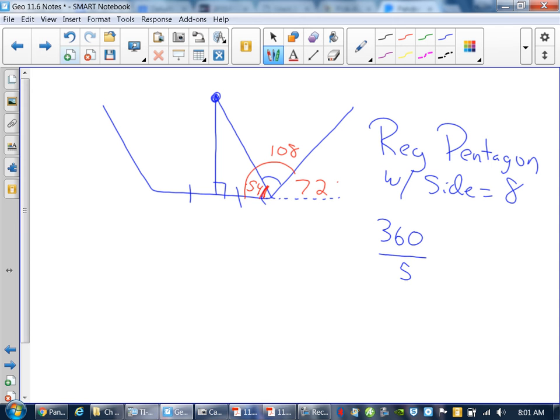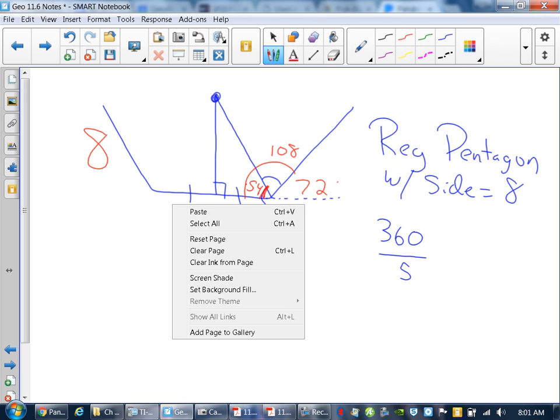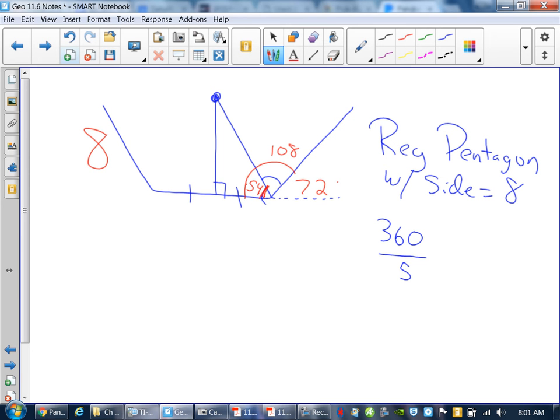Now, knowing that you have side lengths of 8, that means each of these 2 parts is how much? 4. Therefore, you have a right triangle that you can draw outside with a 4, a 54, and you need to solve for its half.